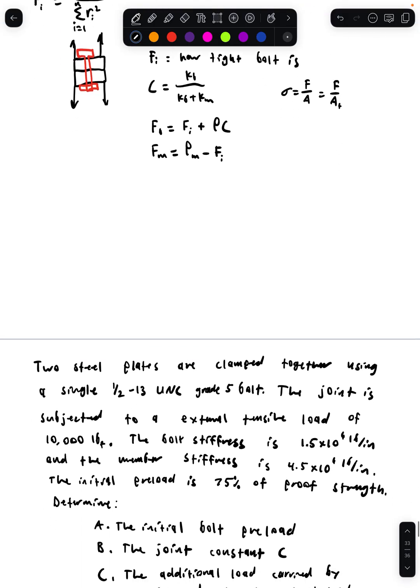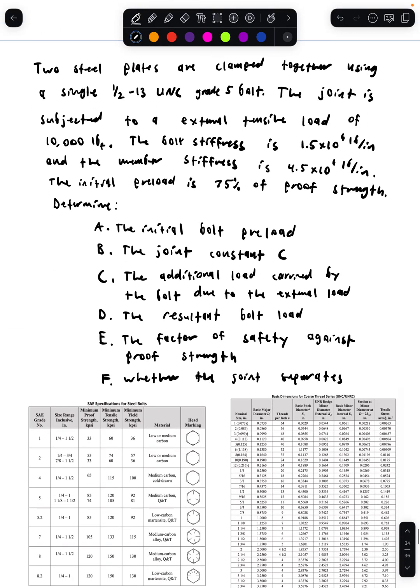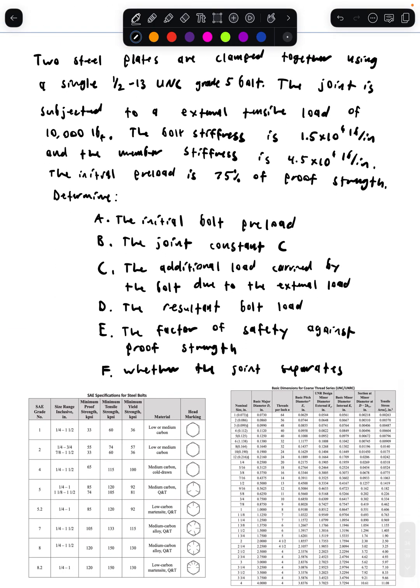I have an example problem here to run through. Two steel plates are clamped together using a single 1/2 inch 13 UNC grade 5 bolt. The joint is subjected to an external tensile load of 10,000 pounds. The bolt stiffness is 1.5 times 10 to the 6 pounds per inch, and the member stiffness is 4.5 times 10 to the 6 pounds per inch.